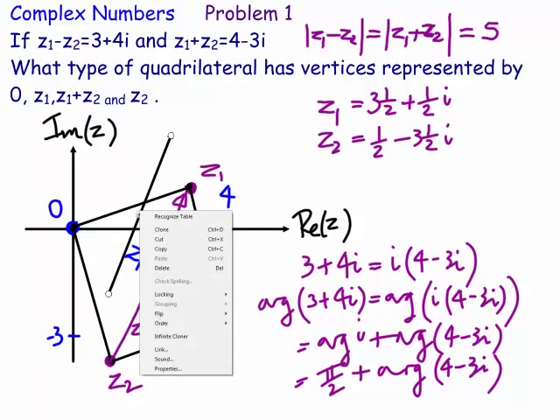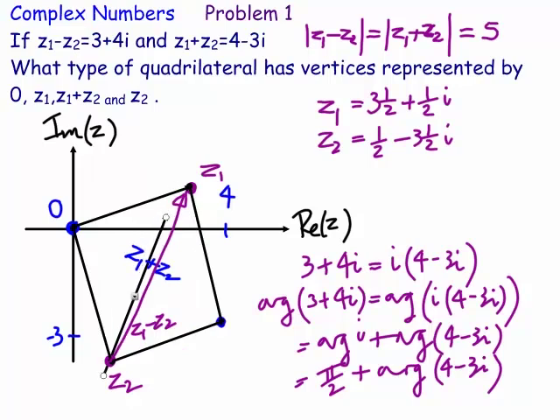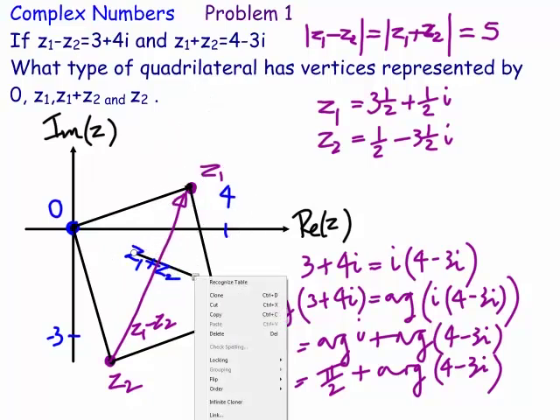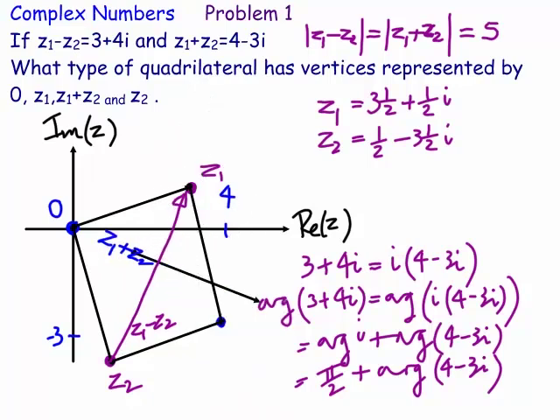What happened was we added 90 degrees to the argument of this one, which is rotating it anti-clockwise. I'm having a bit of trouble grabbing this vector again, but let's put it back. So we know that these are intersecting at 90 degrees.